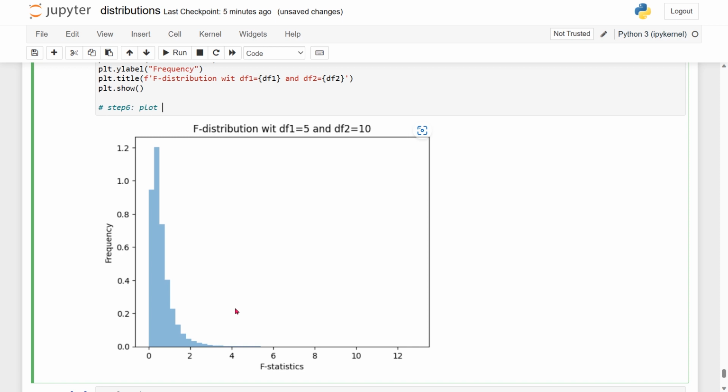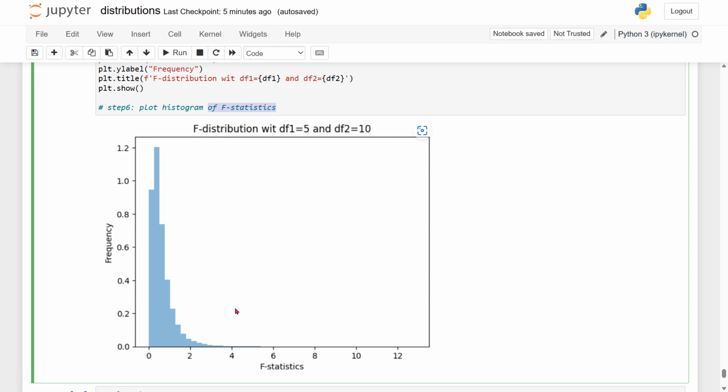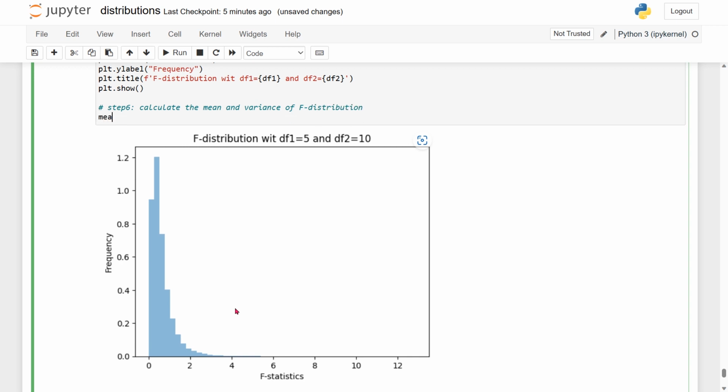Step 6, oh sorry. Step 6 is we need to calculate the mean and variance of the F distribution. So mean is equal to df2 divided by df2 minus 2.